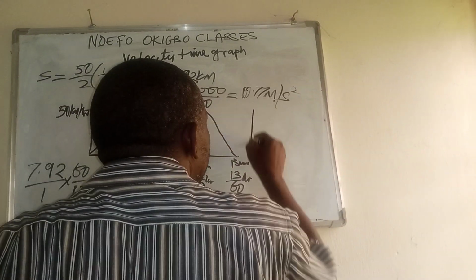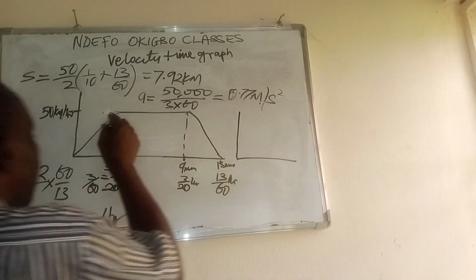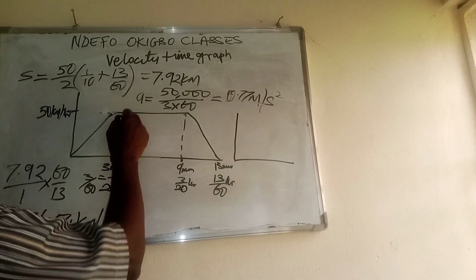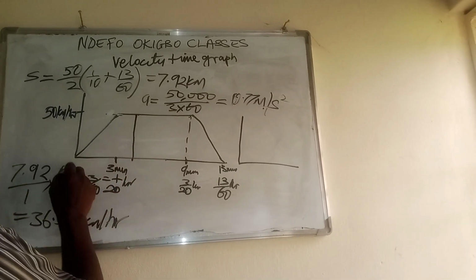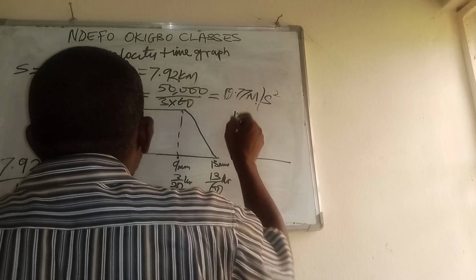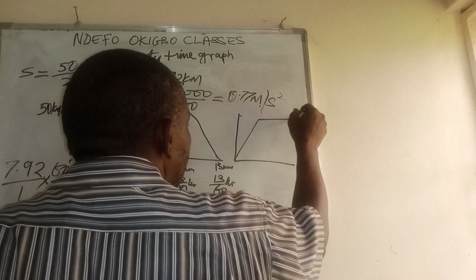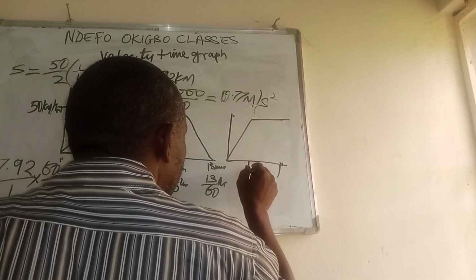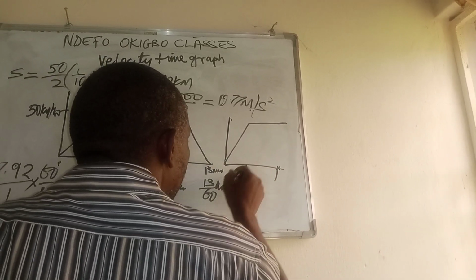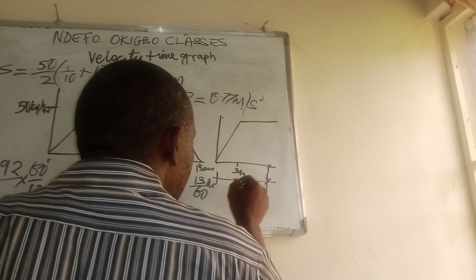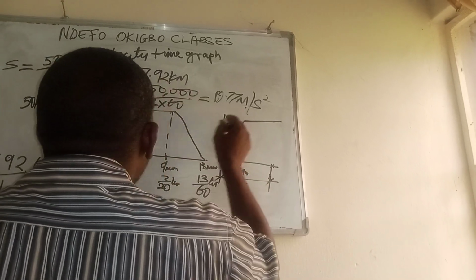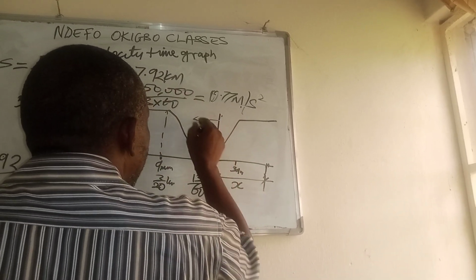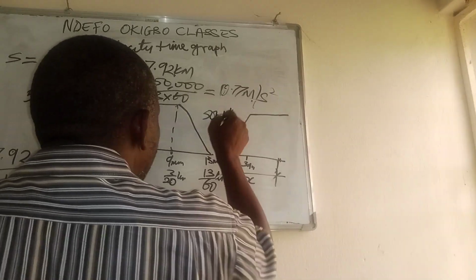Let's say from here to here, this space is 3 minutes, but from here to here, we don't know, we call it x. And this is still 50 kilometers per hour.